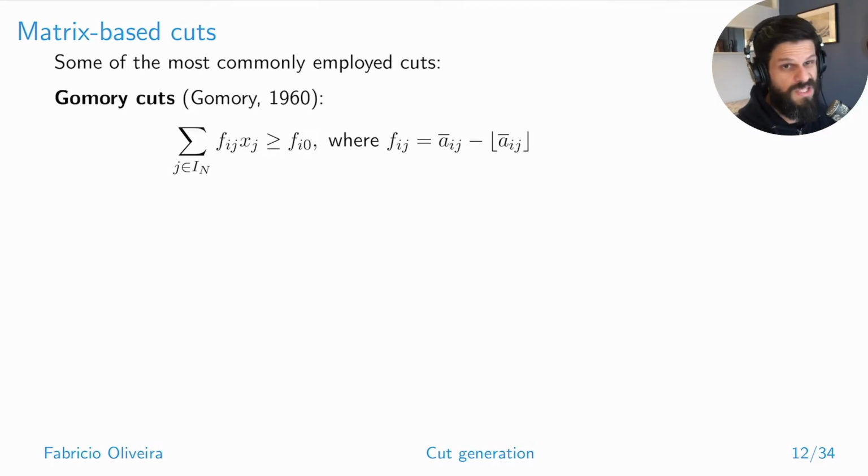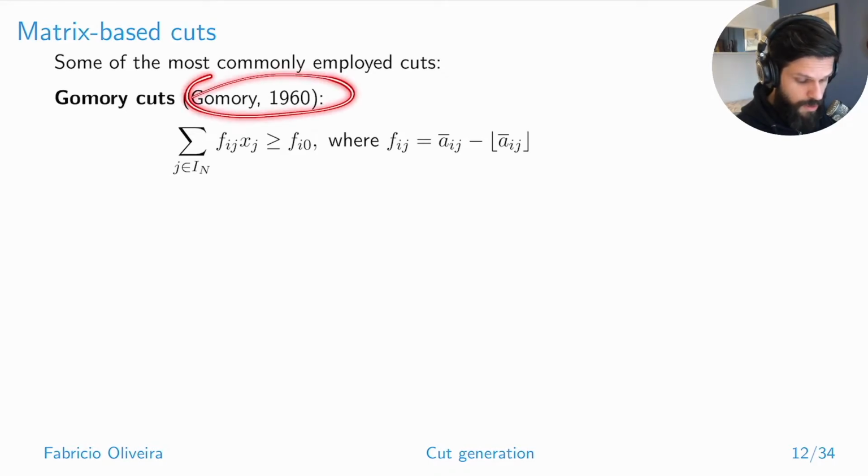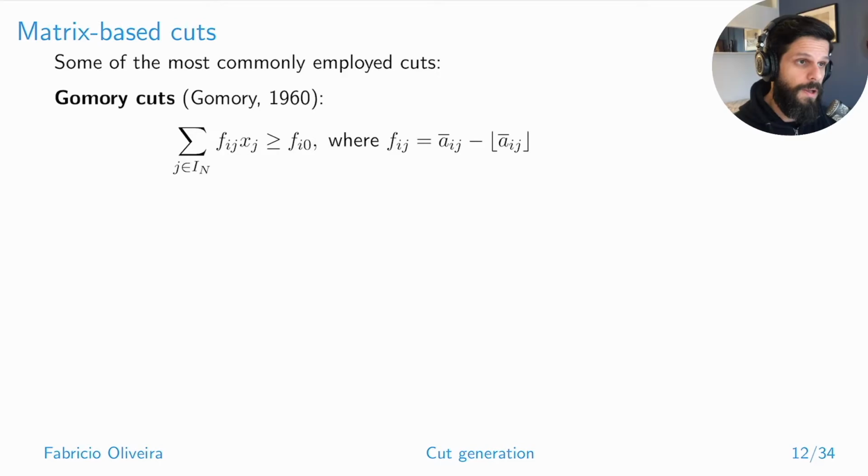So here are some examples of cuts we actually already know. You might have seen, for example when using CBC, that CBC sometimes says it generated a few Gomory cuts, and they are exactly the fractional cuts. Sometimes they're called Gomory fractional cuts. Those are what we saw when we talked about cutting planes. So you already knew some of them.